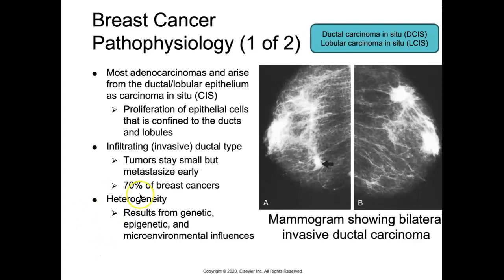Then we've got heterogeneity, and this term describes the differences between tumors of the same type in different patients, how cancer cells behave as communities, and the cooperative behavior of these groups of cells that can influence cancer progression. So we have to consider that there are genetic, epigenetic, and microenvironmental influences here.